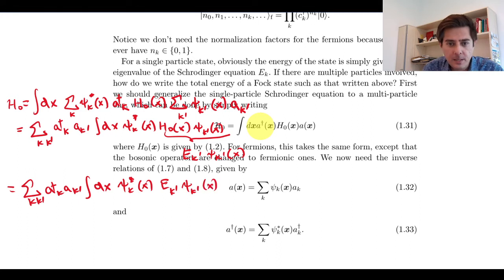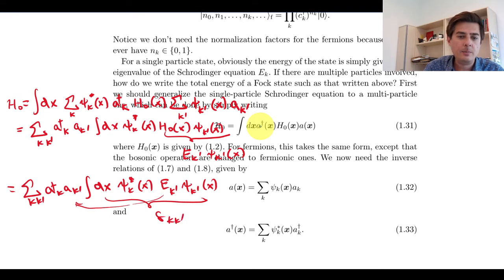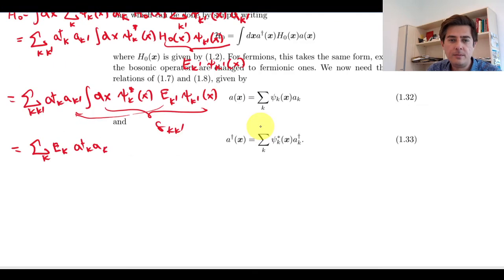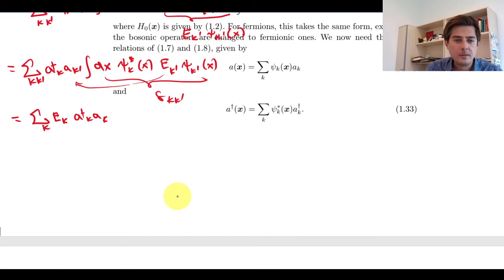And because this is just a constant, it can come outside the integral here. And then we've got our orthogonality relation, which is delta K K prime. And so one of these sums collapses. We've got this E K here, and we've got the A dagger K A K, and this thing is what we defined as N of K.